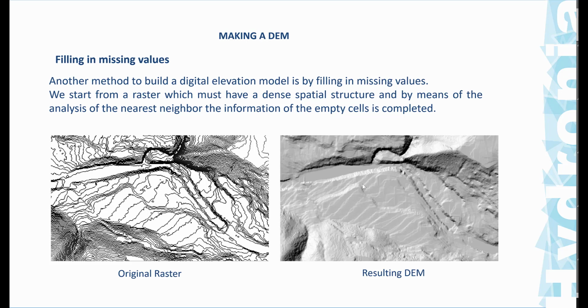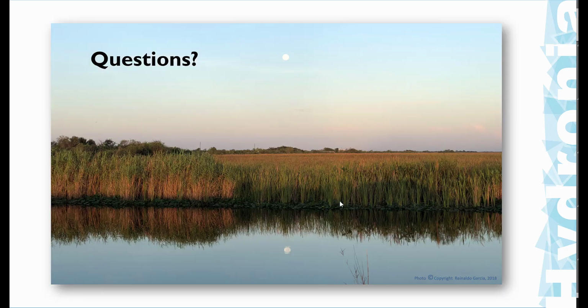This is done by the nearest neighbor method, and it's always very useful when you want to generate this type of terrain. It's not interpolation, but it's another way to generate digital elevation models. Okay, so that concludes this session, and we'll be happy to answer any questions you may have.